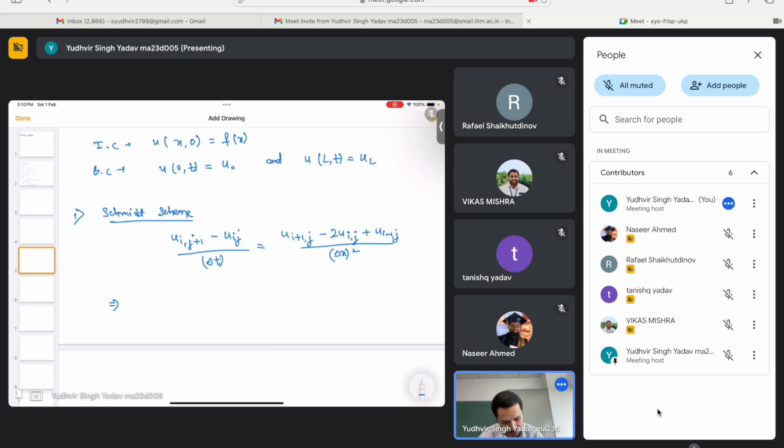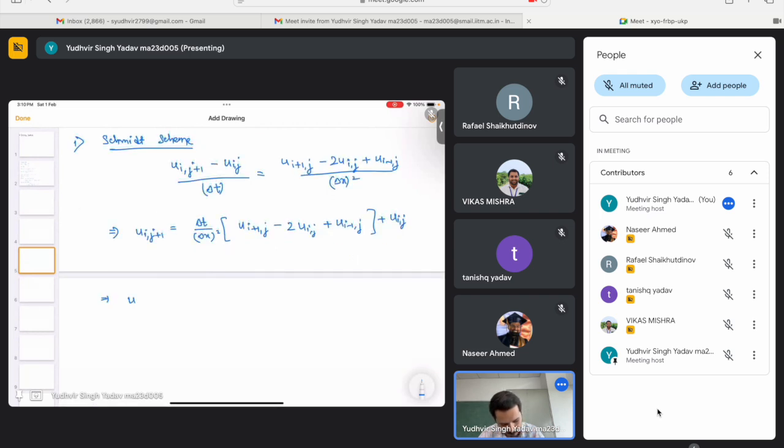After simplifying this, here we will get the explicit scheme.